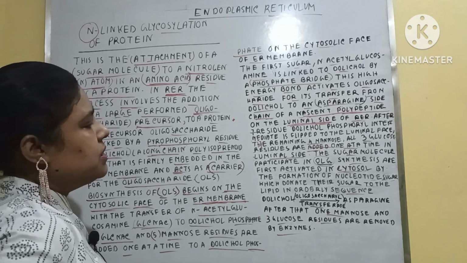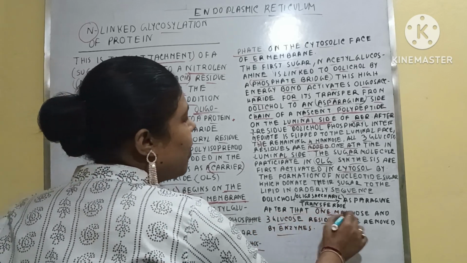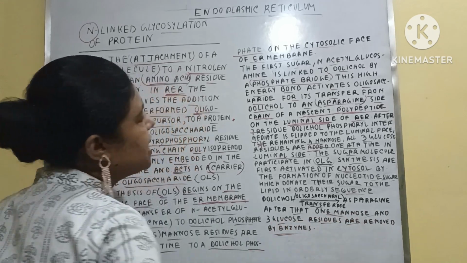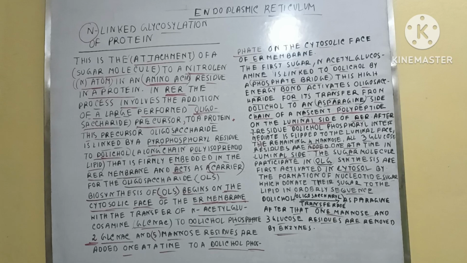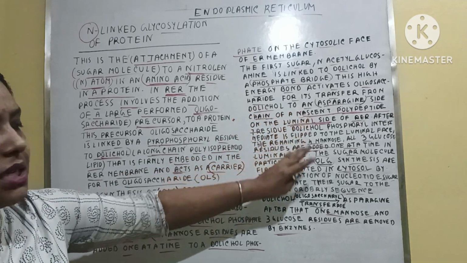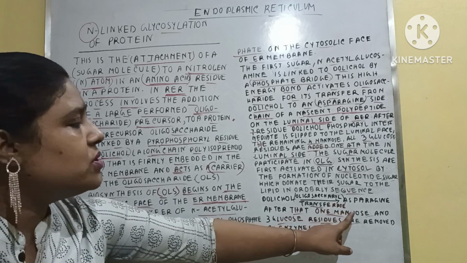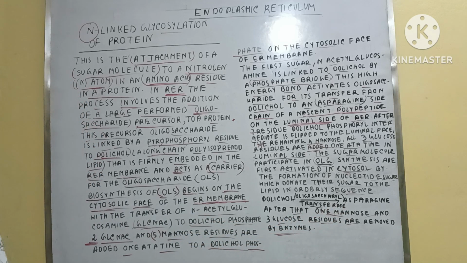Clear? And after that, one mannose and three glucose residues are removed by enzymes. As the transfer is completed, the three glucose residues and one mannose are removed by other enzymes.